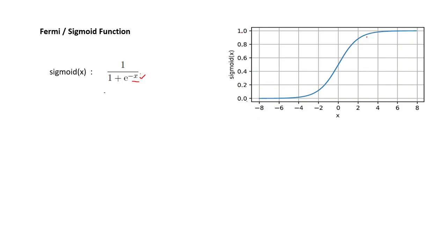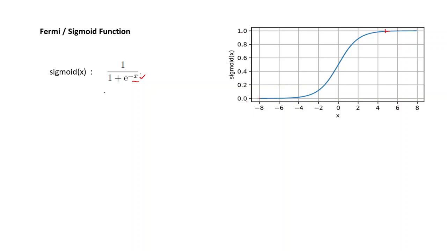As you can see, the curve of this sigmoid function when plotted looks like an S, and at this point, say at 3 or 4, the value of sigmoid x is 1, and thereafter the value remains constant.